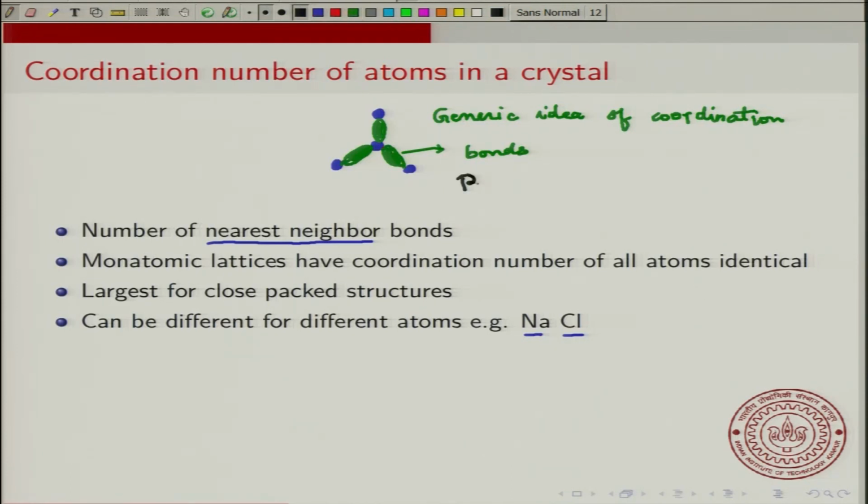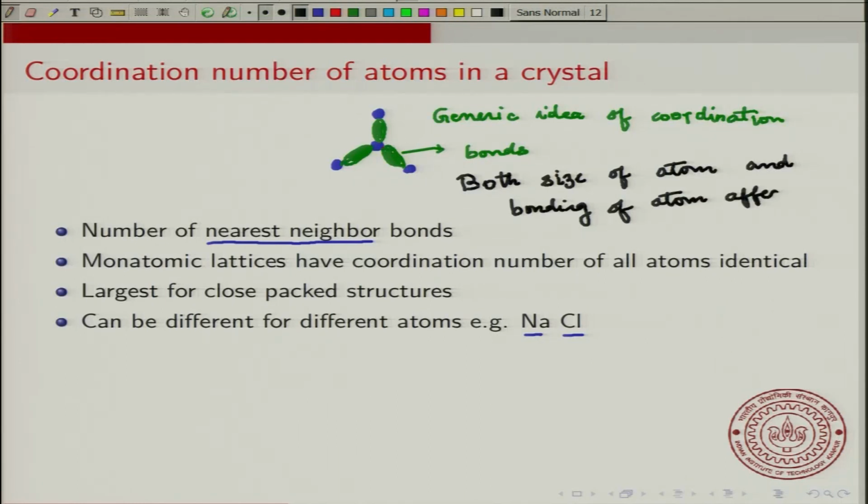So, both the size of the atom and, I can say, the nature of the bonding of atoms affects the coordination number.